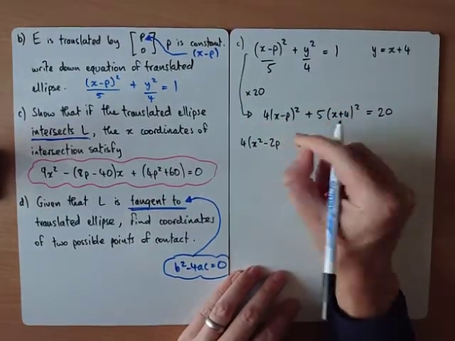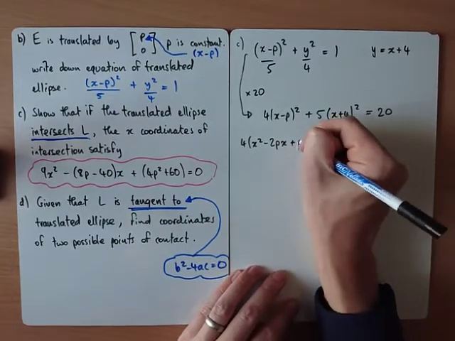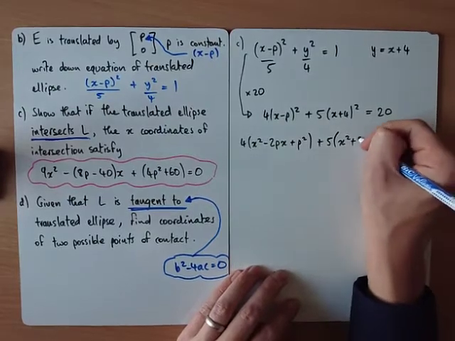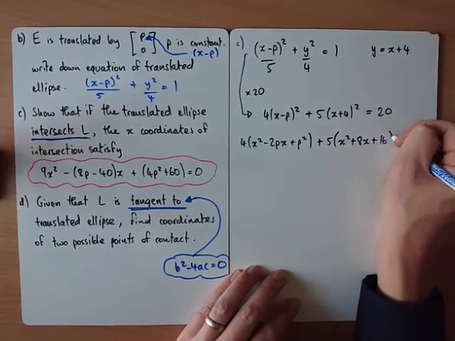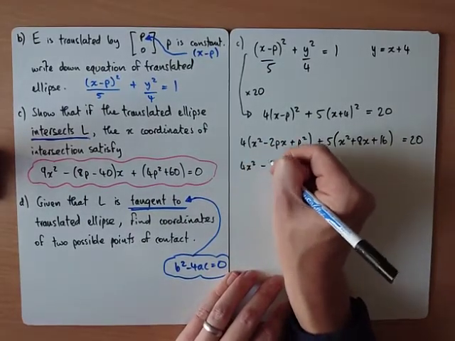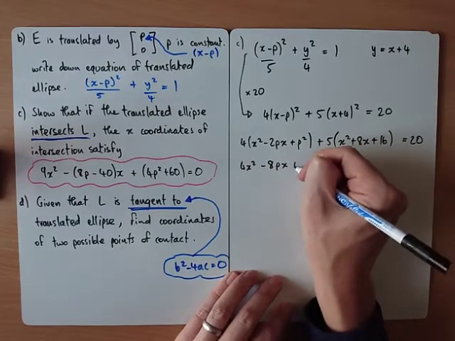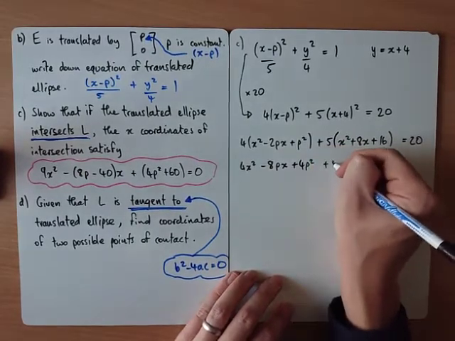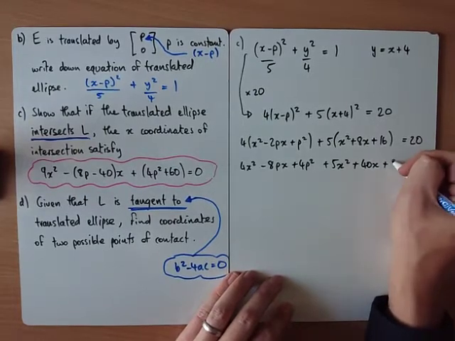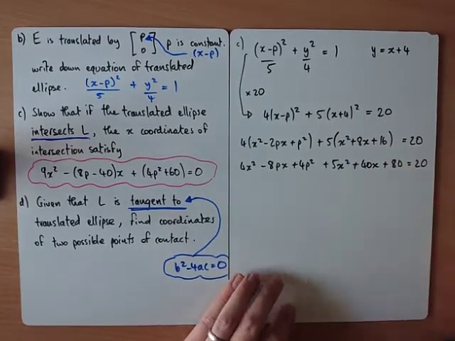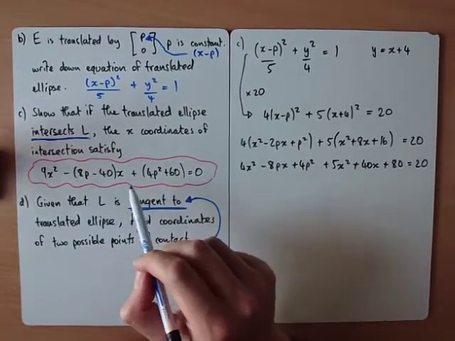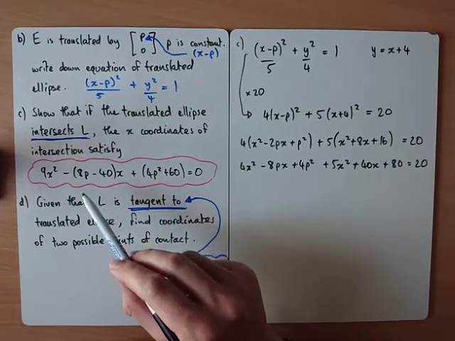Oops, that's not right. Minus 2px plus p squared, x squared plus 8x plus 16 equals 20. Always good to look at what you're aiming for as well and make sure you are getting to that, and you can even use that as a guide to help you with the last couple of steps.